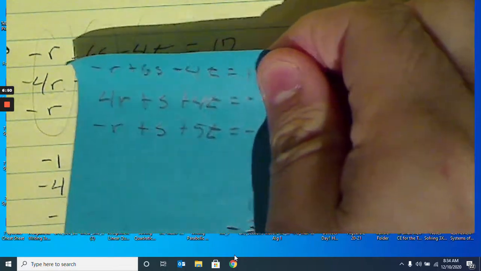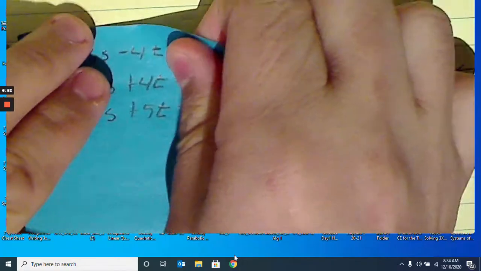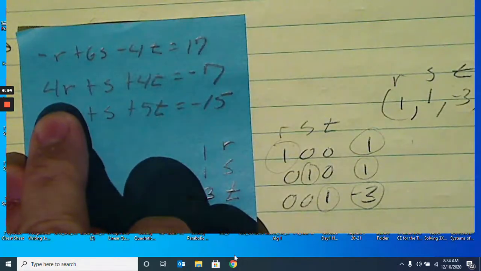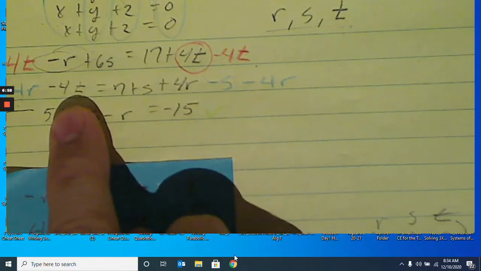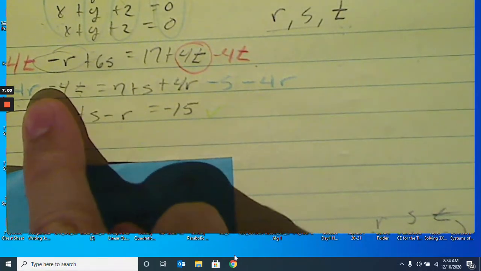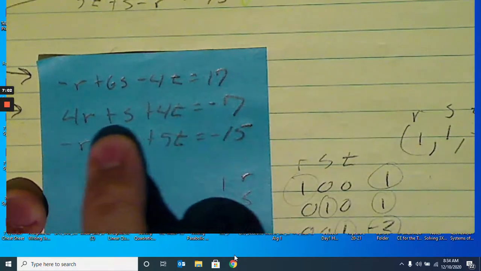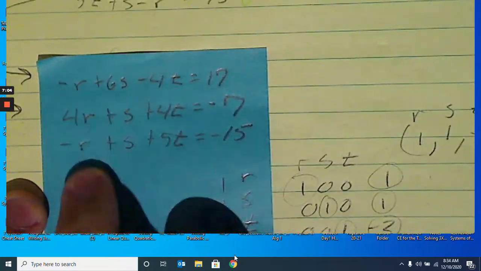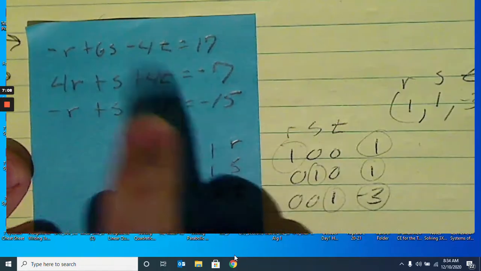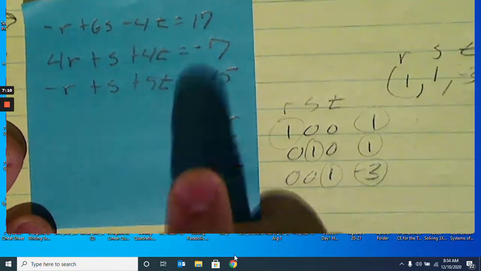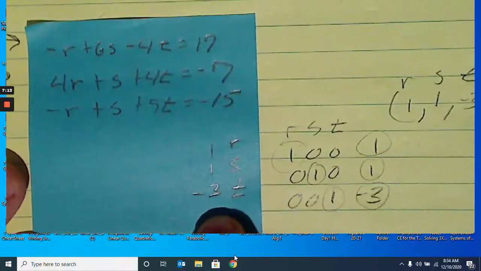I'm going to show you kind of a sticky here what I did, to where, instead of moving the S and the R like I did here, I can move the T over and the 7 this way, and this is what I would get for my variable instead. Okay, still lined up in RST though, because that's kind of what I'm trying to get at. And when I do this, I get the exact same answer.